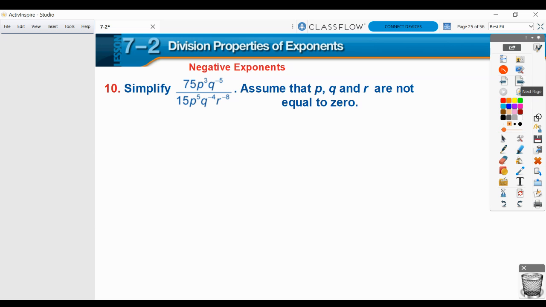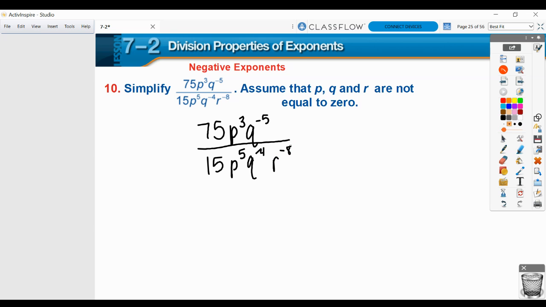Okay, so let's go ahead and take a look at this one. This one has a little bit of stuff to do with it. We have 75 p to the 3rd q to the -5th over 15 p to the 5th q to the -4th and r to the -8th. Okay, so once again, I'm going to draw a fraction bar so I know.